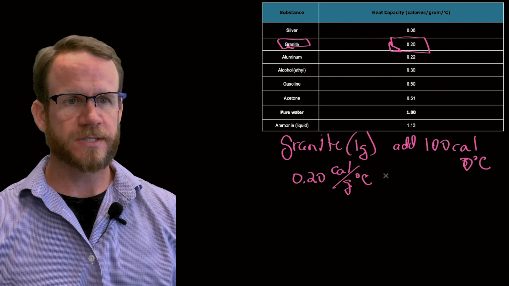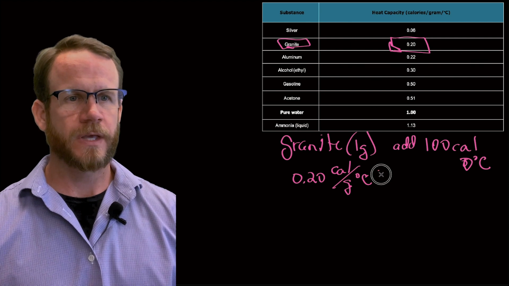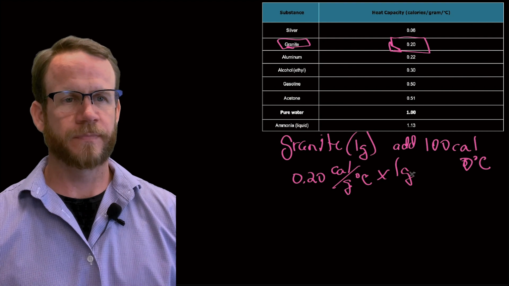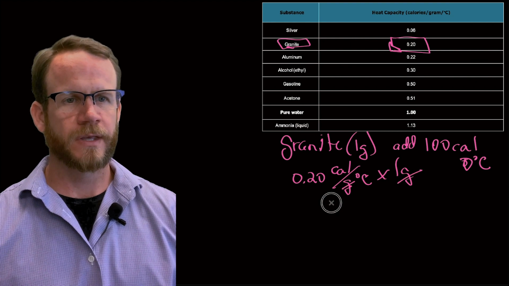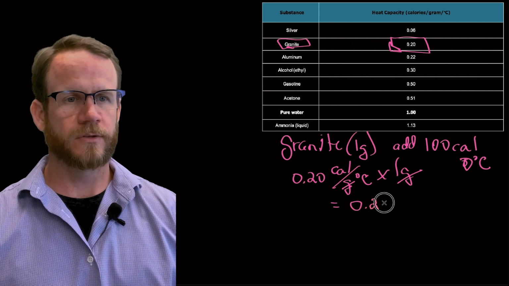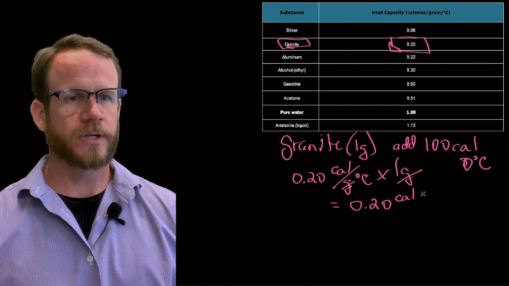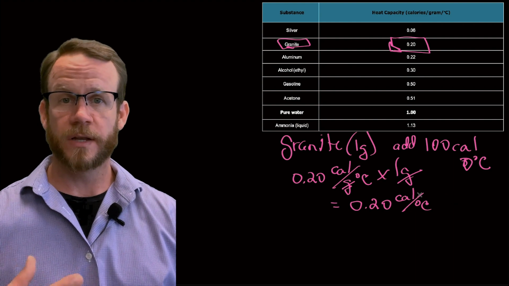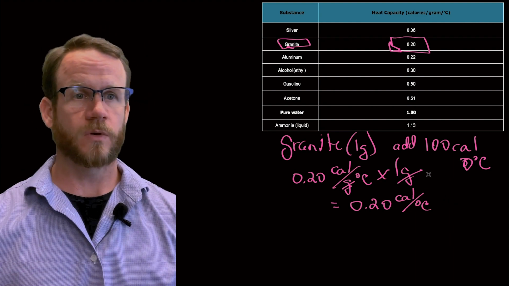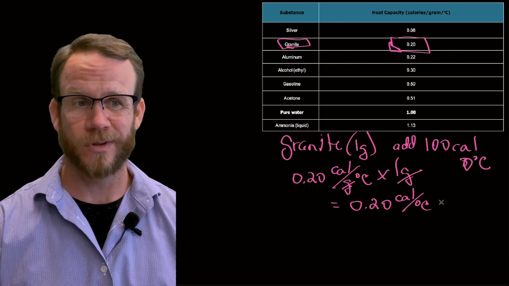The first thing, and it may seem trivial, is I'm going to take this number and multiply it by 1 gram, because that's how much I have. With some simple algebraic manipulation, the grams cancel, and I'm left with 0.20 calories per degree C. And yes, in this case it's the same number, but it won't always be 1 gram, so it's important to do that, and yes, I will look for it.